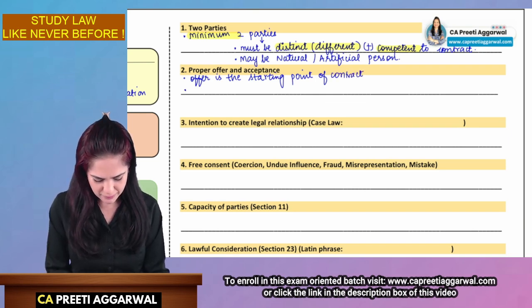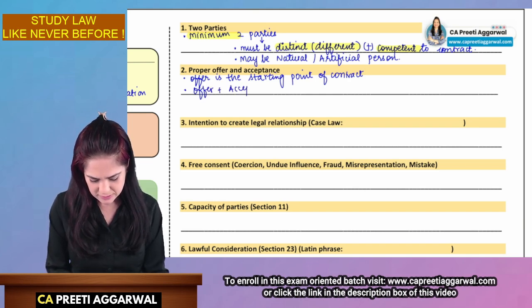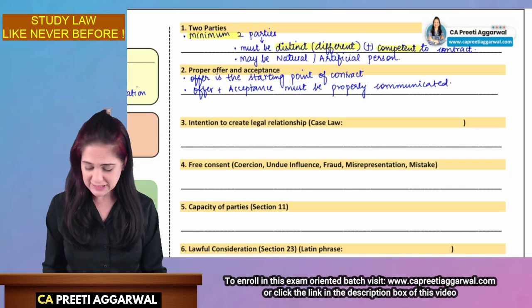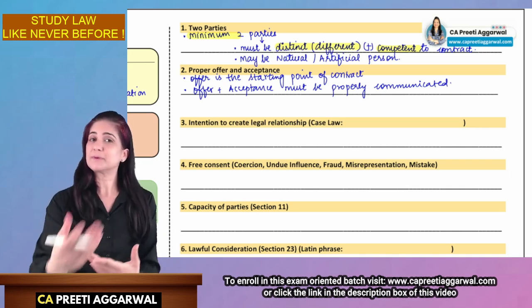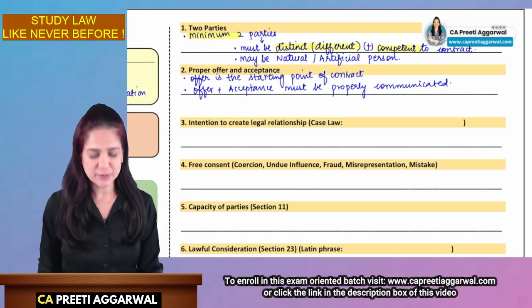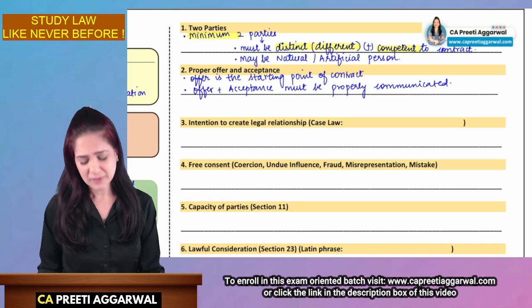Then what will you elaborate? Offer and acceptance must be properly communicated. In the exam, you can say offer must be properly communicated, acceptance must also be properly communicated. You can also elaborate how. How will you communicate?